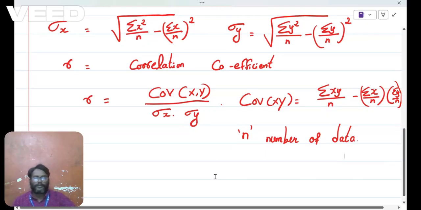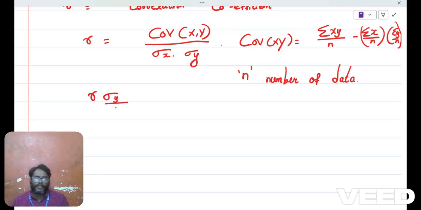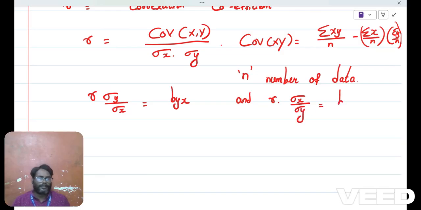Note, we can find the regression lines without finding the correlation coefficient r. r into sigma y divided by sigma x is called b of yx, and r into sigma x divided by sigma y is called b of xy.